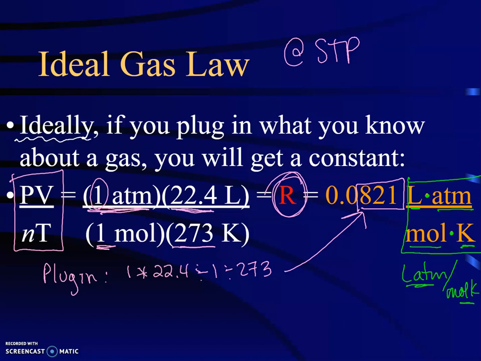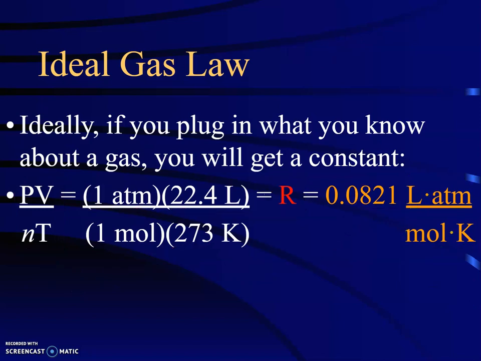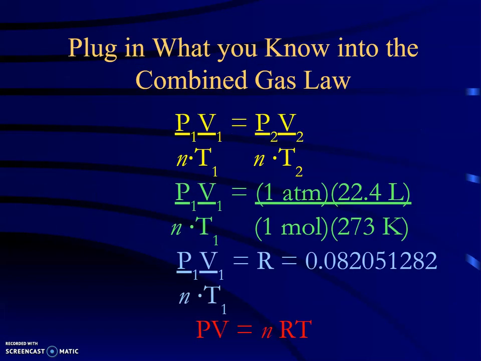It's molk, not milk. But with that, you can make sure that we have everything canceled out correctly. So when you plug in what you know to the combined gas law, you can see how we are going to derive the ideal gas law.